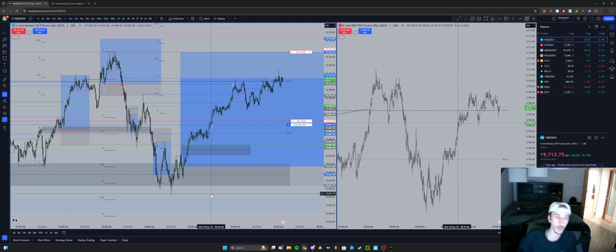But the strongest draws on liquidity: equal highs, new day, new week opening gap, volume imbalances, pretty strong too, especially on higher time frames, and previous day high, previous day equilibrium, and previous day low, and midnight open. Those are the strongest draws on liquidity from what I've seen personally with my own trading.